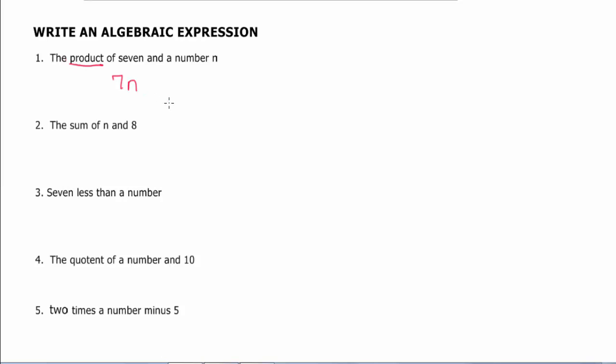If it said just 7 and a number, you could pick any variable you wanted. You could also write it 7(n), or 7 · n, or 7 × n. Any of those are fine. I don't like to use the times sign because when we use x as our variable, it gets a little confusing. But I'll take any of them.